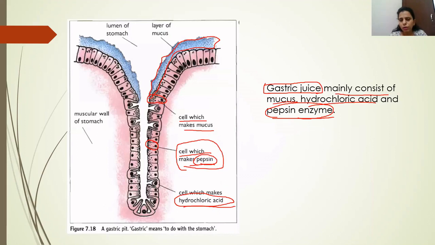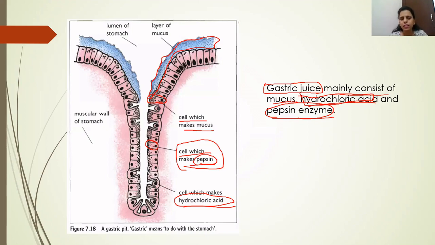Now the next component of gastric juice is hydrochloric acid. We all know that HCl is an acid, and all acids, like sulfuric acid, nitric acid and hydrochloric acid, are generally corrosive in nature. They can easily burn the skin.